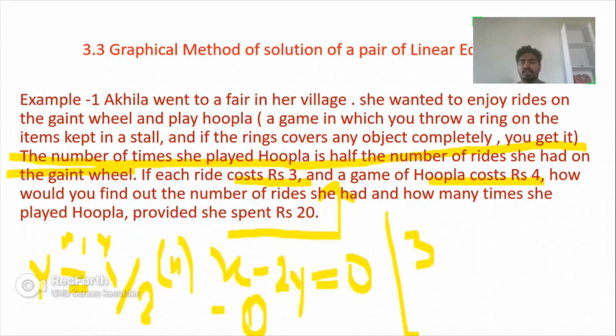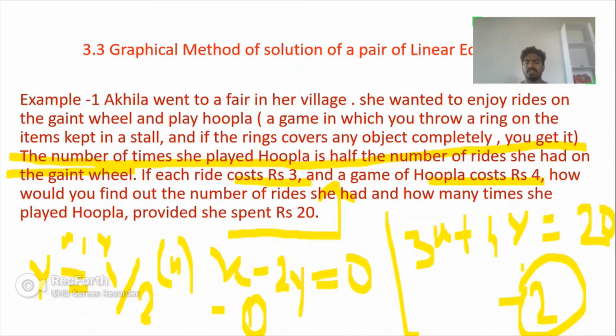So 3 into the number of times she rode the giant wheel, plus 4 into the number of times she played hoopla, is equal to 20. So these are the two equations we have framed by using the given information. Based on these two equations, when we plot them on the graph, we can clearly see the relationship established between them, right?